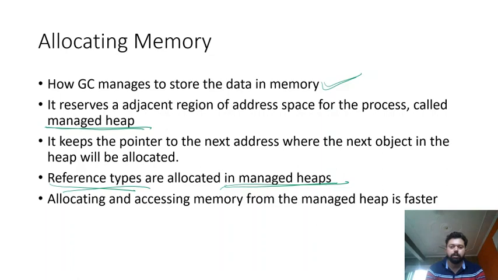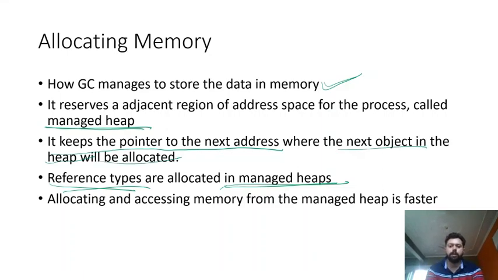The storage is very fast, because the retrieval and the allocation of the object is very fast, since it keeps a pointer to the next address where the next object in the heap will be allocated.